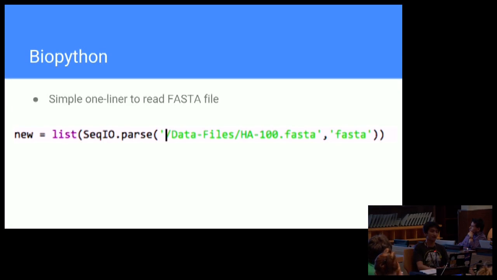In just one line, I could get the data which is stored in HA100, which is 100 FASTA files, and by putting them into a list, I had one big list of all the different FASTA files.